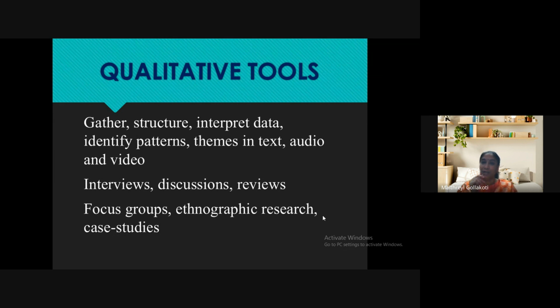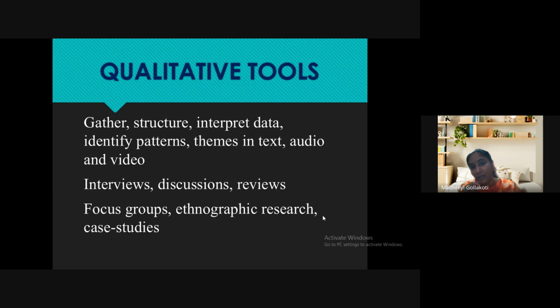Ethnographic research. Ethnographic research means trying to analyze what a group of people are doing. Group of people means, for example, let us take India: South India, North India, West India, East India, depending on the place. Or else you can say Tamilians, Telugu people, Gujaratis, Maharashtrians, like that you can take one set of people from one state.